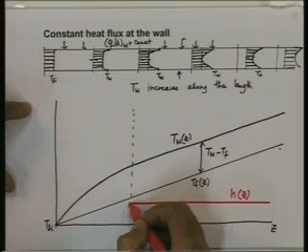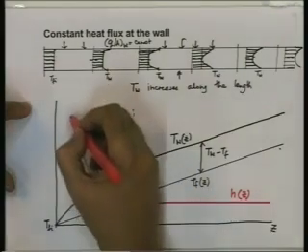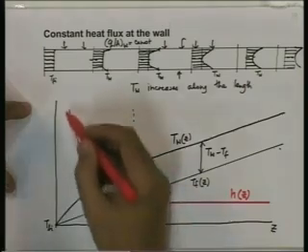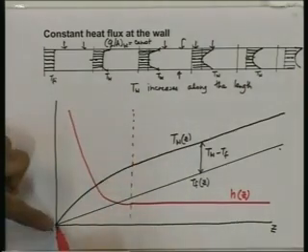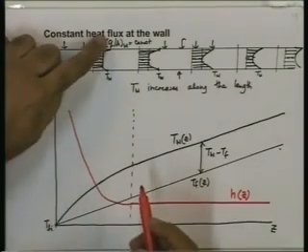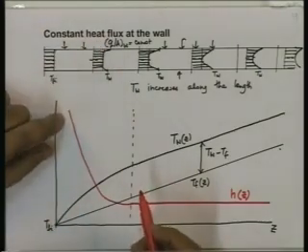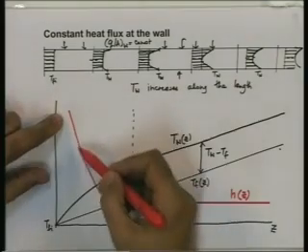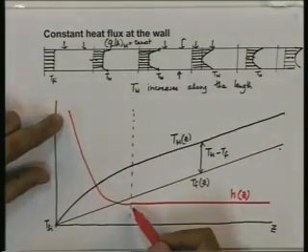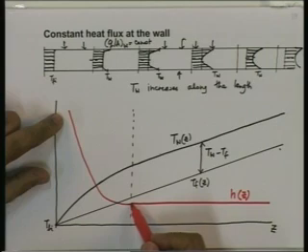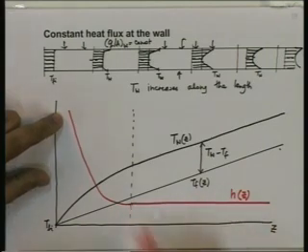Whereas here it will start decreasing from very high values, because here the temperature difference is pretty small, but the heat flux is uniform. So you start with high values of heat transfer coefficient. As the fluid continues to flow, it reduces and then remains constant.